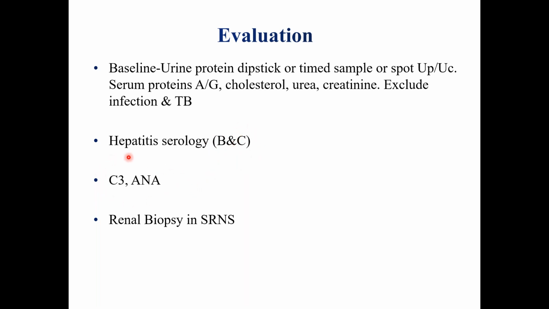So the investigations like the C3 complement and anti-nuclear antibody are done only if the patient has clinical features of lupus or there is significant hematuria or significant hypertension. Because most patients of nephrotic syndrome in the pediatric age group do not usually have severe hypertension or hematuria at the initial presentation of the disease.